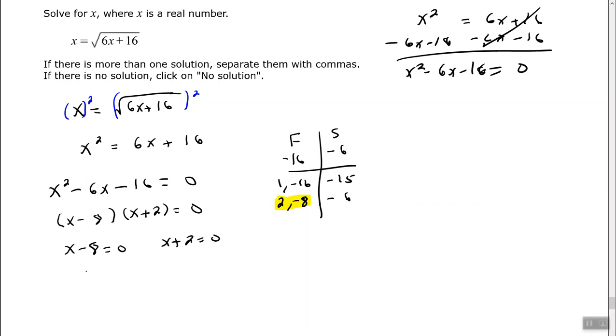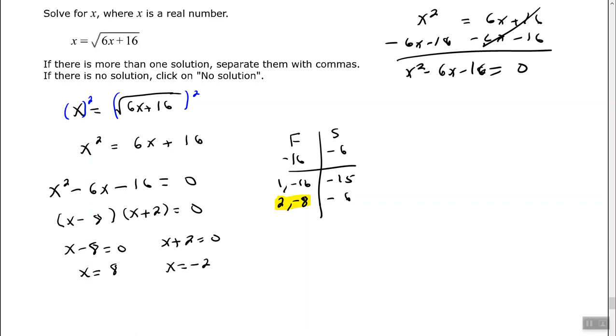Add 8 to each side, so x could be equal to positive 8. Or subtract 2 from each side, so x could be equal to negative 2. Again, it's important that you check these solutions, because sometimes only one solution will be true, and sometimes both will be true. So let's go back in and check these solutions.